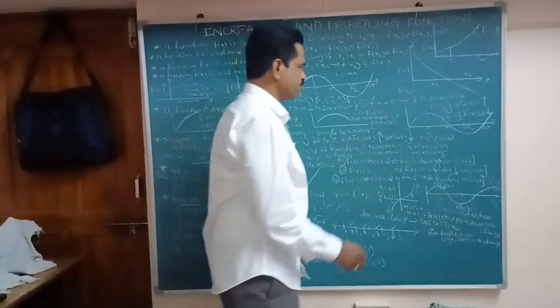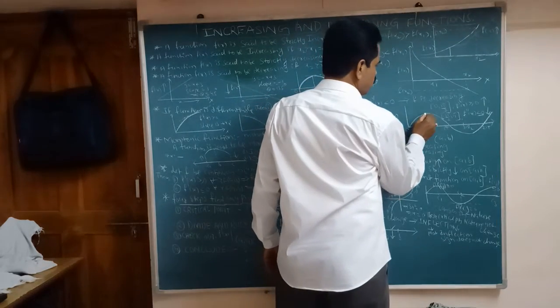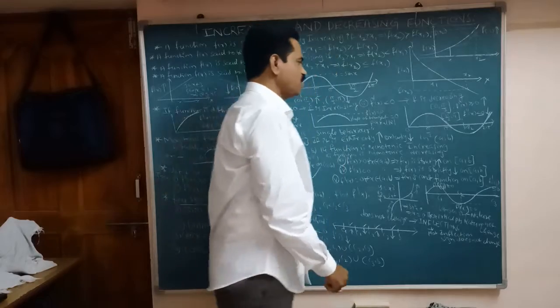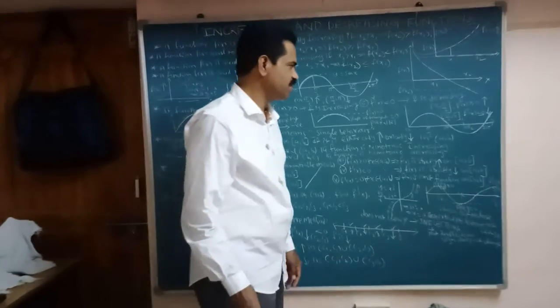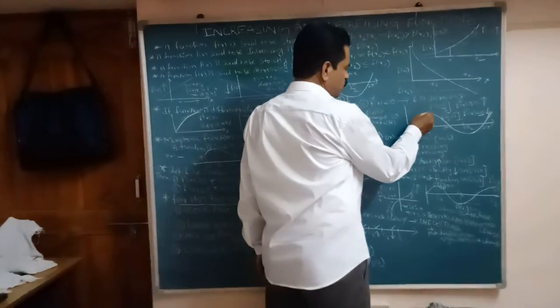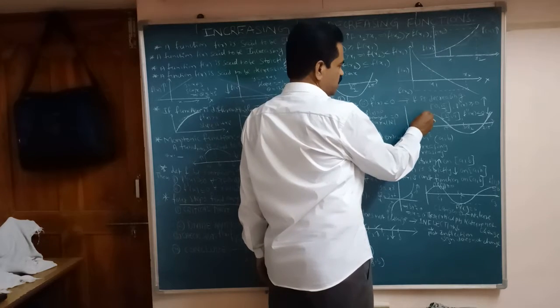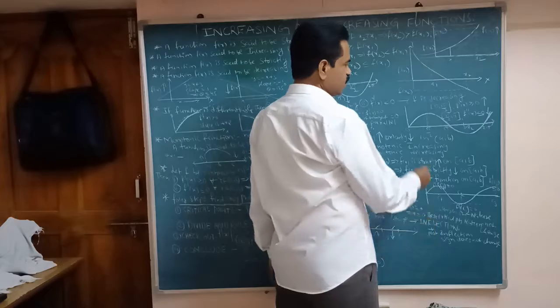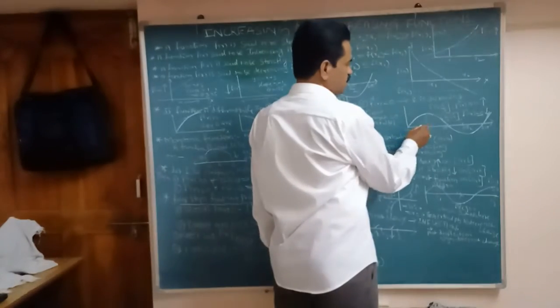Now we discuss y equals sin x, with points 0, pi by 2, pi, 3 pi by 2, 2 pi. From 0 to pi by 2, is the curve increasing or decreasing? It is increasing, including the points 0 to pi by 2.